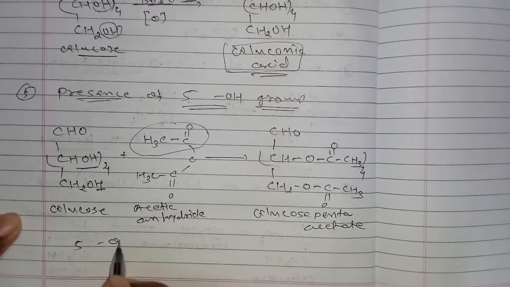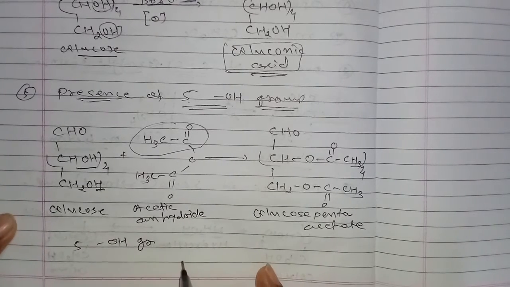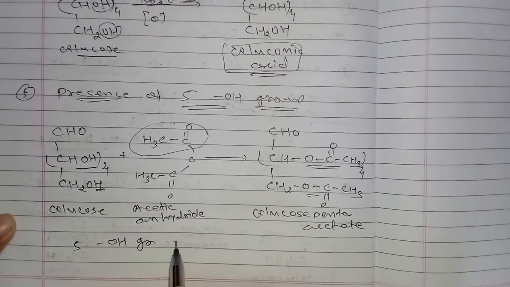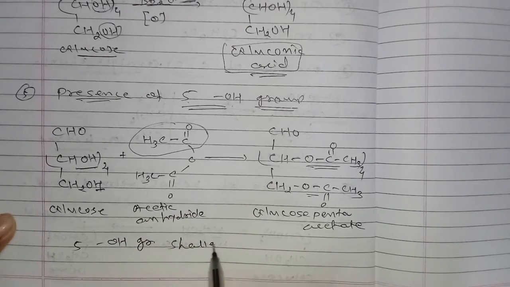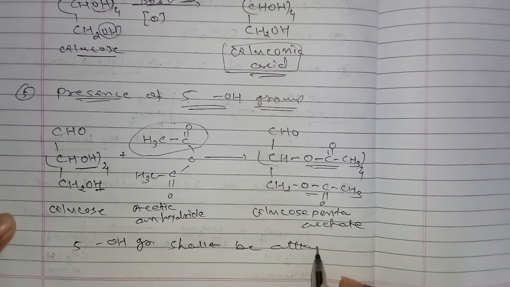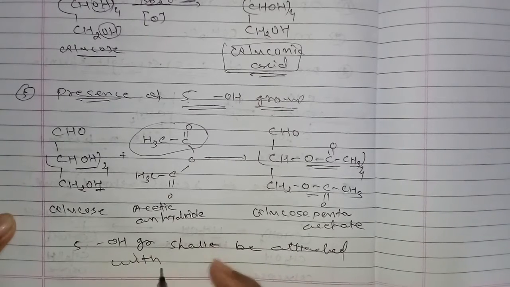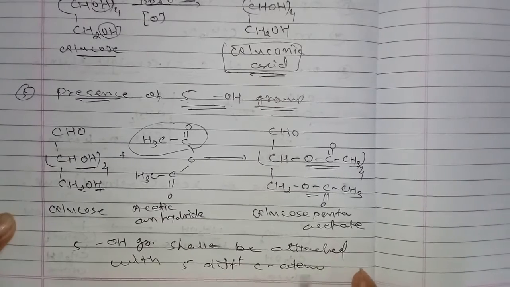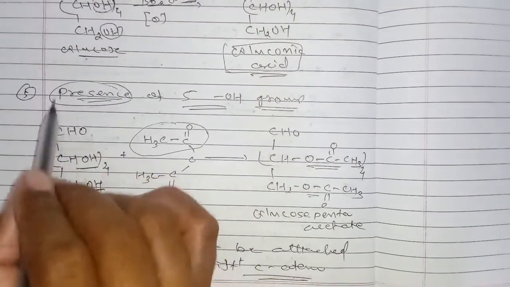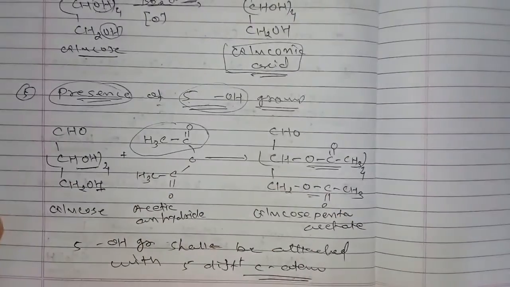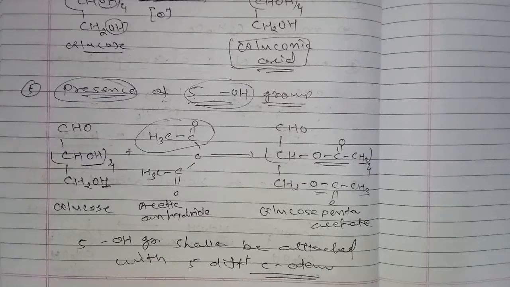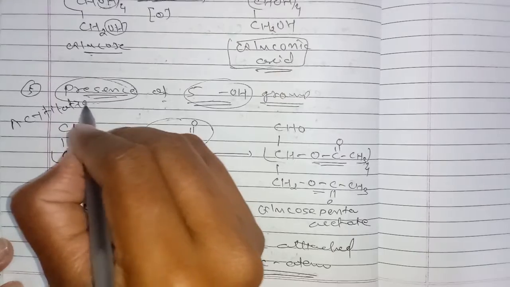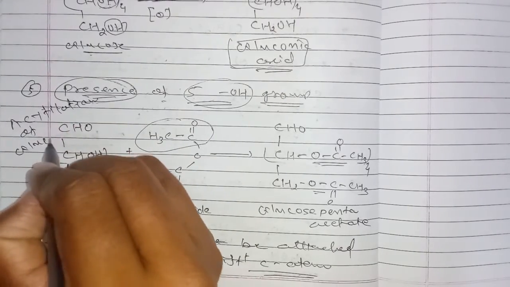So the 5 OH groups are attached to 5 different carbon atoms. That confirms the presence of 5 OH groups, or in other words, acetylation of glucose.